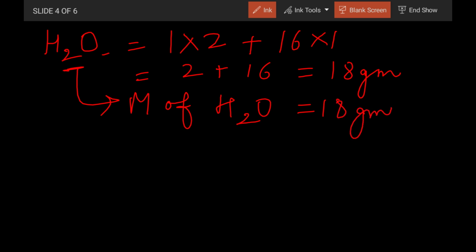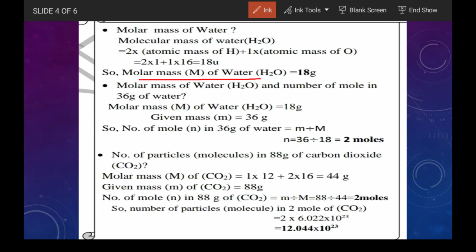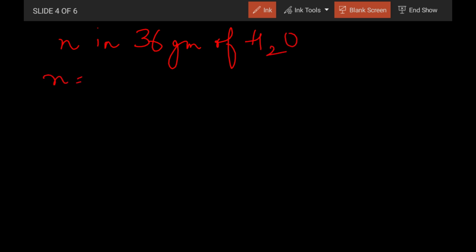Okay beta. Now the molar mass of water we have calculated. Now we have to calculate the number of moles in 36 gram of water. Now we know the equation, that is your formula.